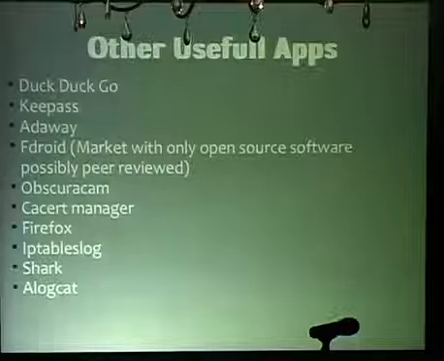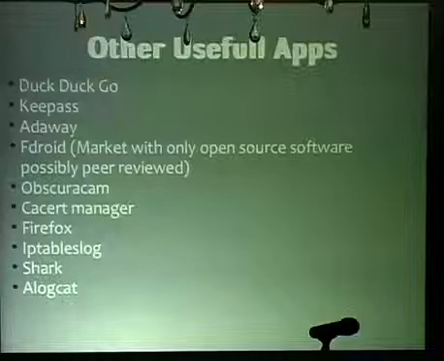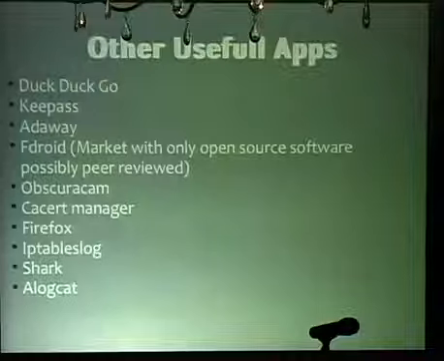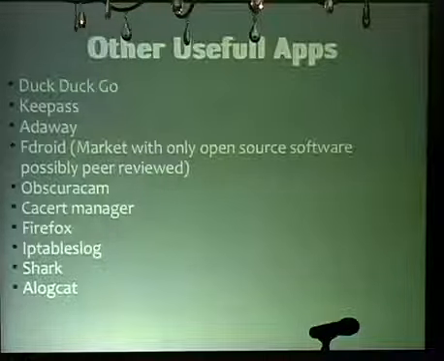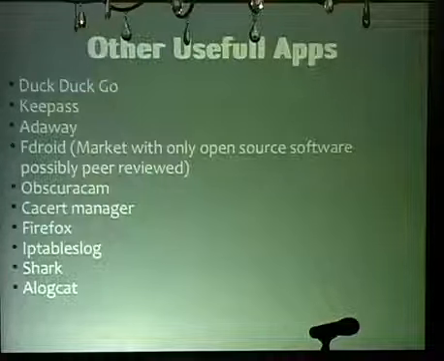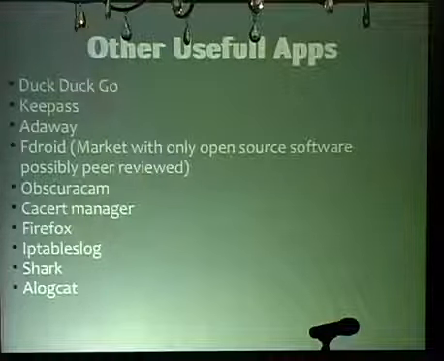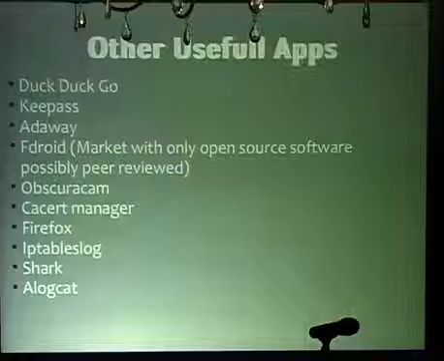So if you do have malware on there, this is a good way to find out about it. There's Shark, which is Wireshark, a packet logging application. Again, another way to inspect all the network packets that are going in and out of your phone. And ALogCat, which lets you read Android's logs. So these are all ways you can pen test your own phone.